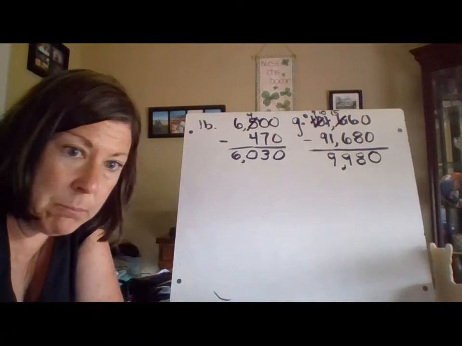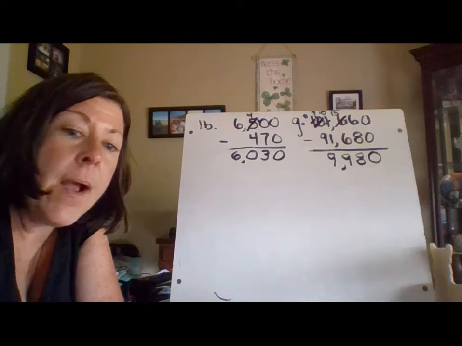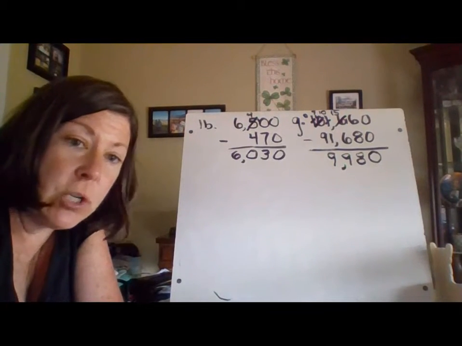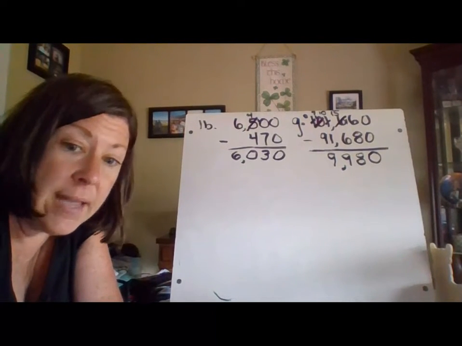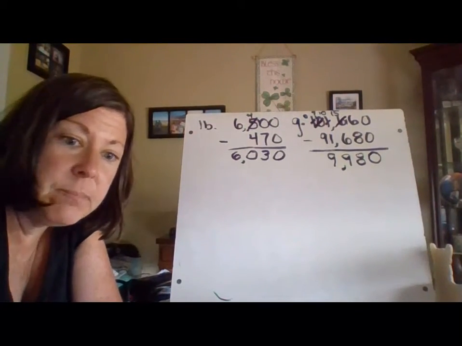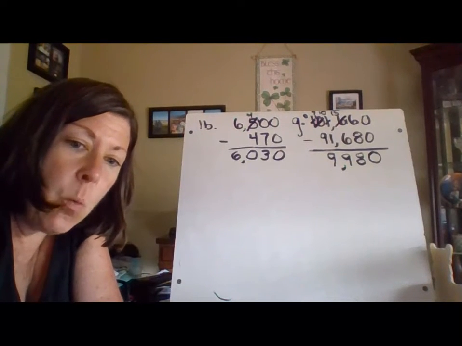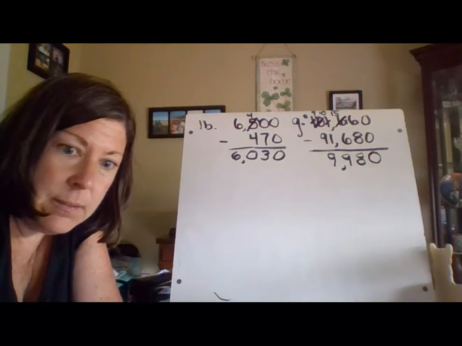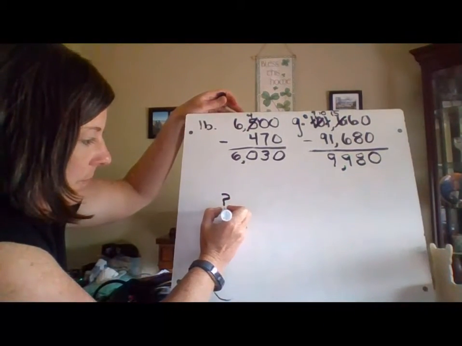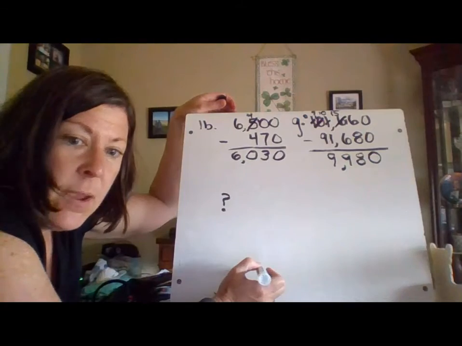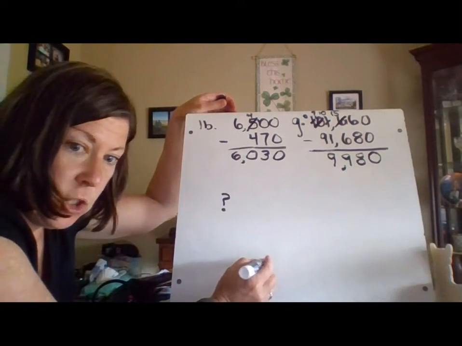Now we're going to go to number 2. Number 2 instructs you to draw a tape diagram to represent the problem and then also solve it. So number 2 reads, what number must be added to 13,875 to result in a sum of 25,884?